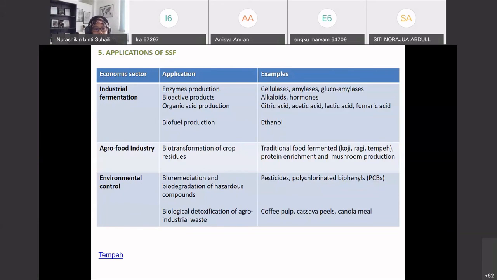For agro-food industry, traditional food such as ragi, plantain, kimchi, what else? Bread, yeah? Even, what was it? All this cencaluk is actually a form of fermentation.